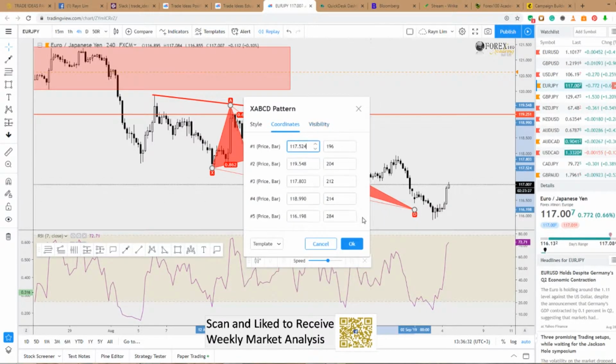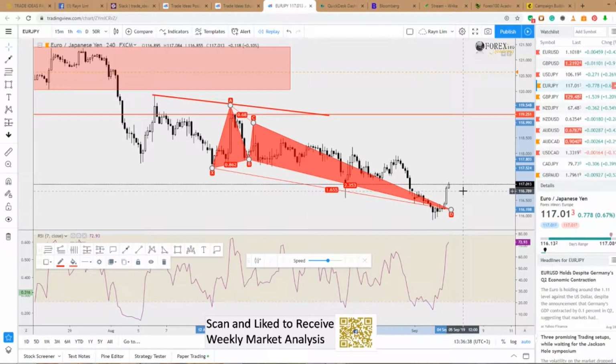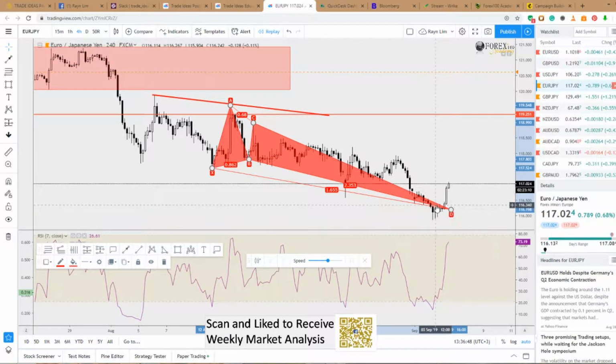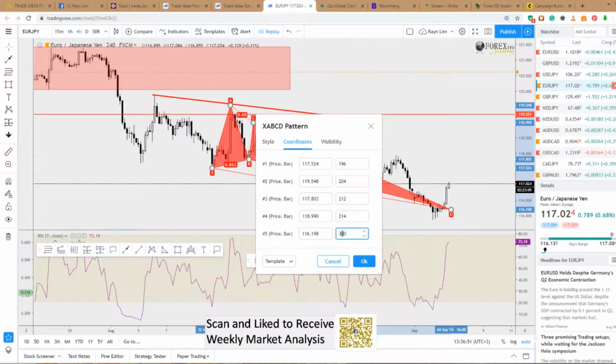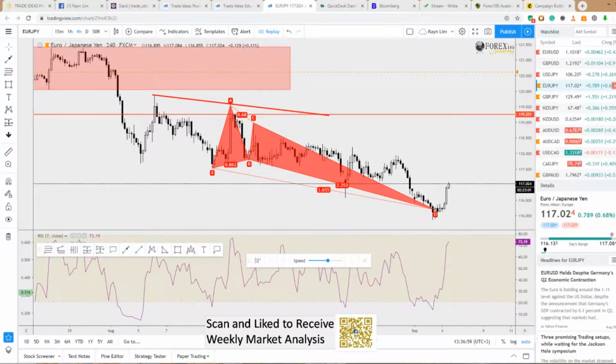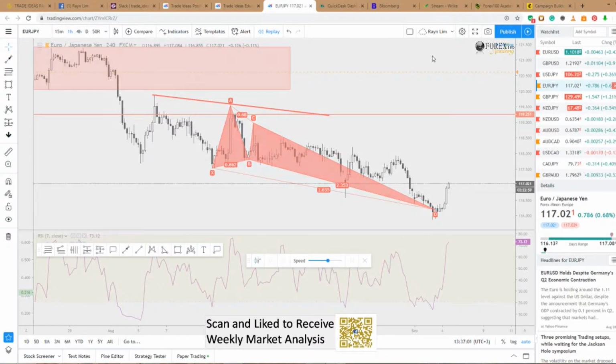Let me just adjust it a bit. Better. Okay, so can have a look at this to the 1 hour chart.